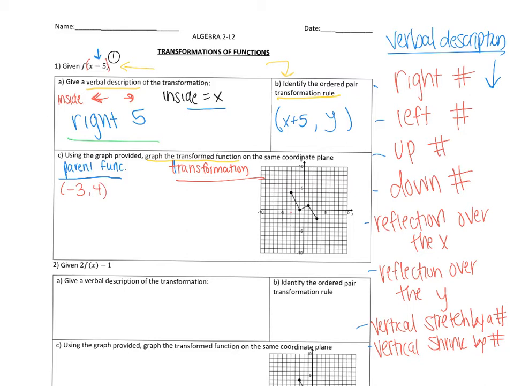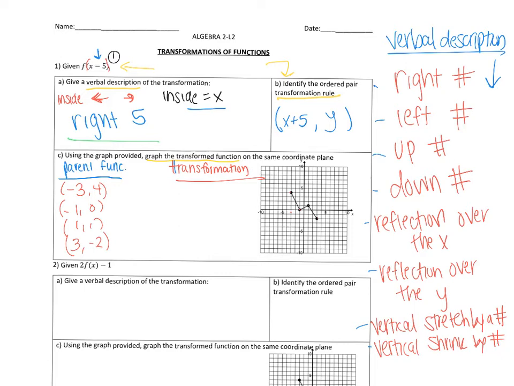Then I'm at -1, 0. Then I'm at 1, 1. And then I am at 3, -2. These are my original parent function points, the points that I plotted, that are already plotted. I just named them.